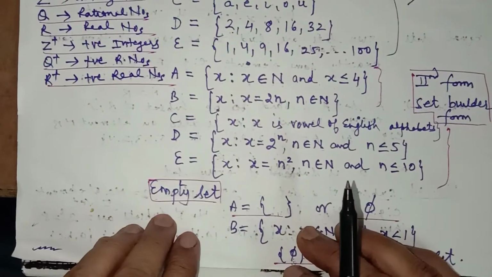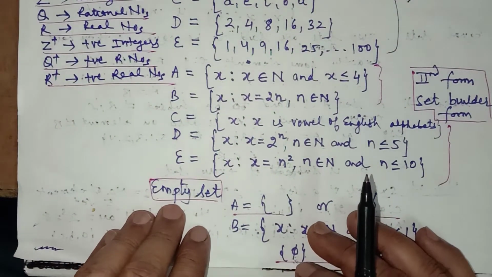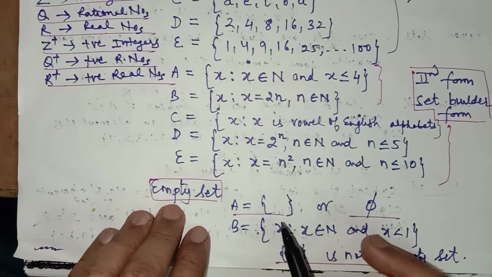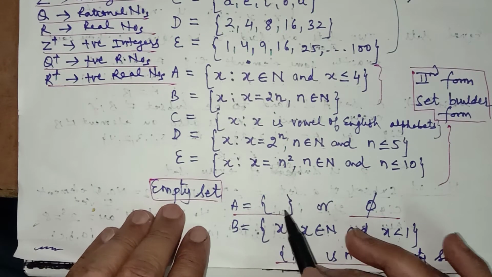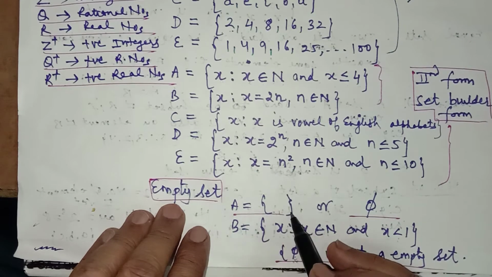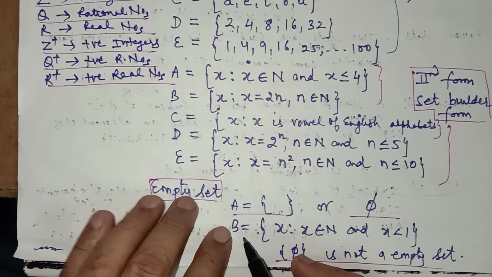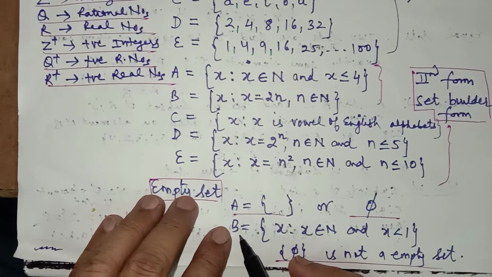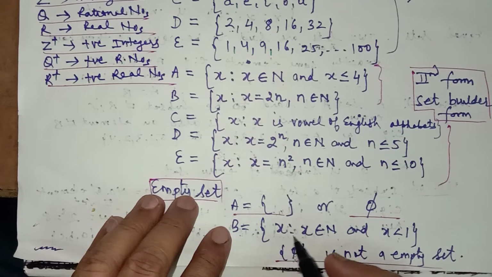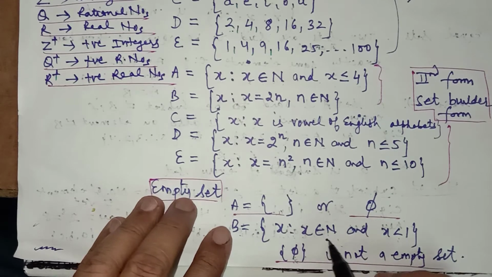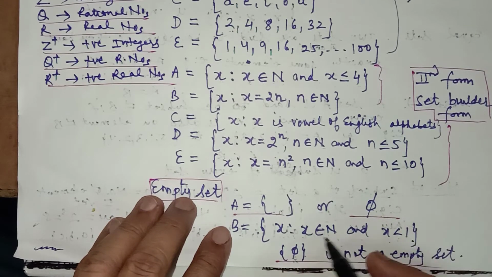Now after that we have an empty set. An empty set is that set which contains no elements. It is denoted by empty curly brackets, or by phi, like this. If I take an example in the set builder form, B is equal to x such that x belongs to natural number and x is less than 1, and no natural number is less than 1.